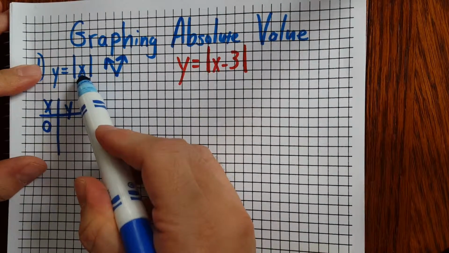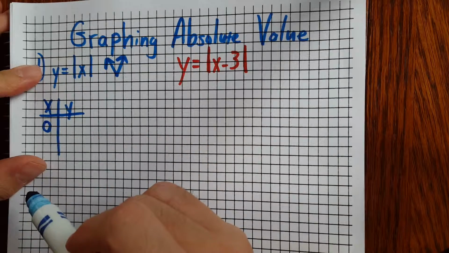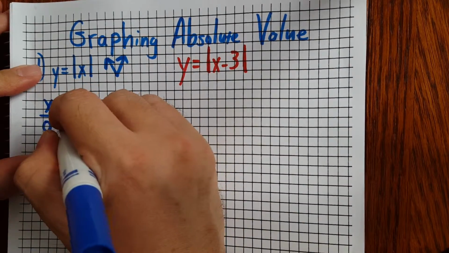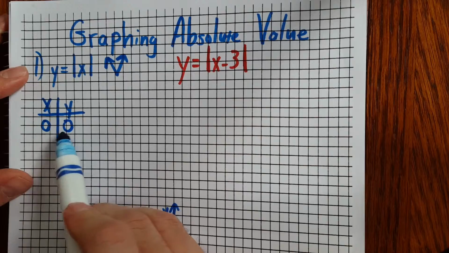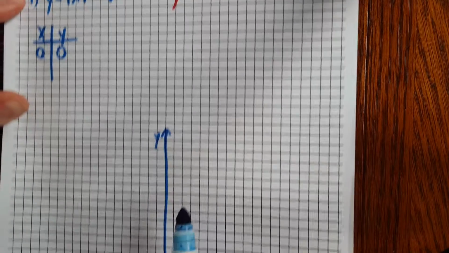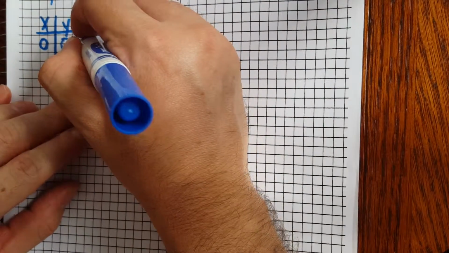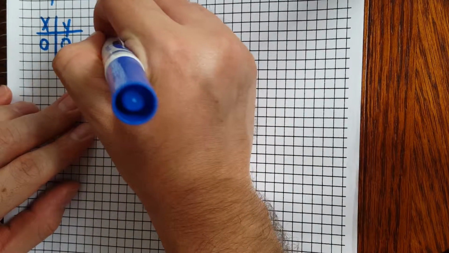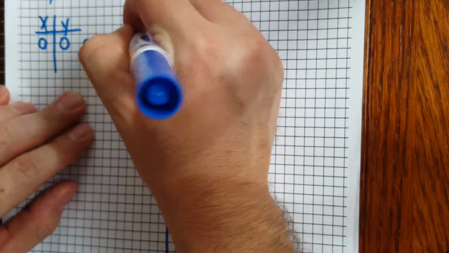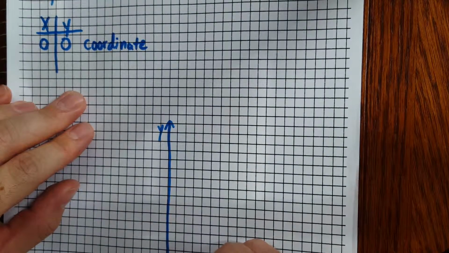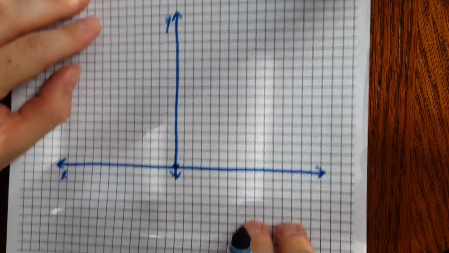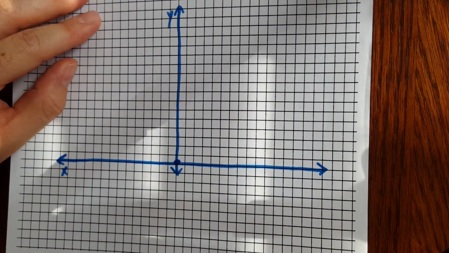When I plug in 0 for x, I get the absolute value of 0, which is 0. So I get 0 for y. Now, once I get these points here, I can transfer them directly here. This is now a coordinate. These will be all my coordinates that I can go ahead and plot. So 0, 0 is right at the origin right there.